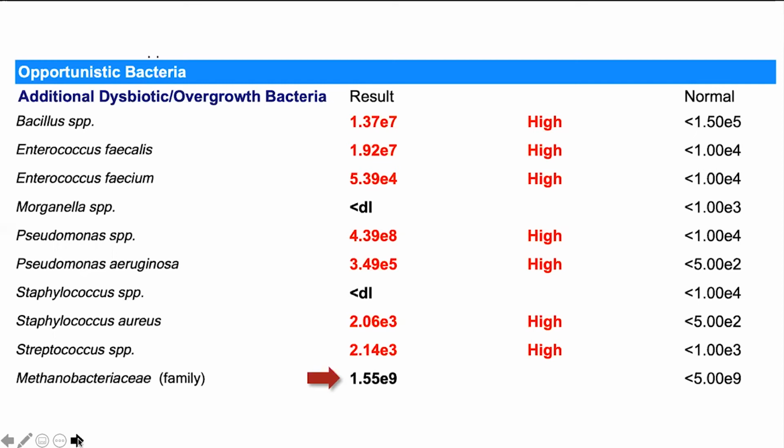So when you see Methanobacteriaceae, in our experience, it seems to be clinically relevant anytime it's in the E9 range, not even above the cutoff. It highly correlates with this. So generally, yes, I would say when patients have also had a breath test, they will have some level of methane detected, but it's not necessarily 100% correlation.